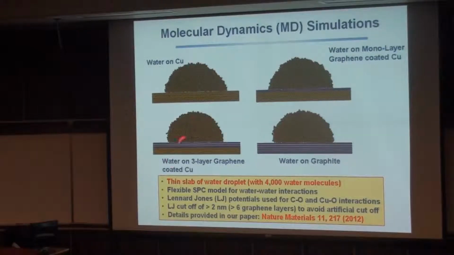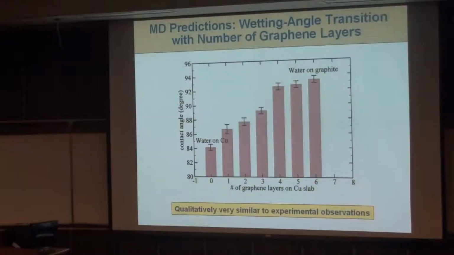And what we found, and there are more details in our paper, but the main point is that we saw the same type of transition in the wetting as you go from water and copper to water and graphite. Keep in mind that these values from MD of 84 degrees and 90 degrees were obtained by actually fitting the MD to the real experimental data.